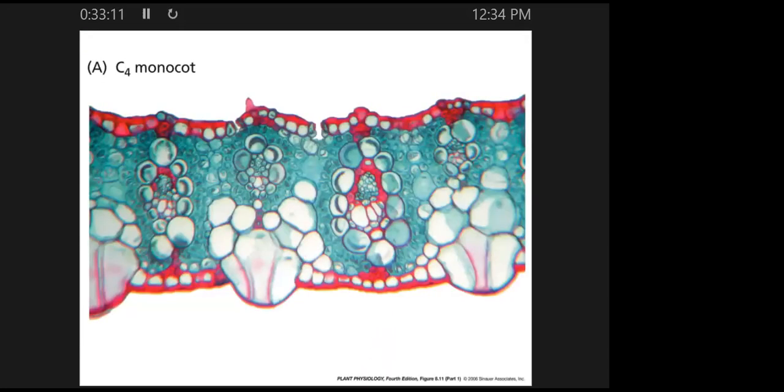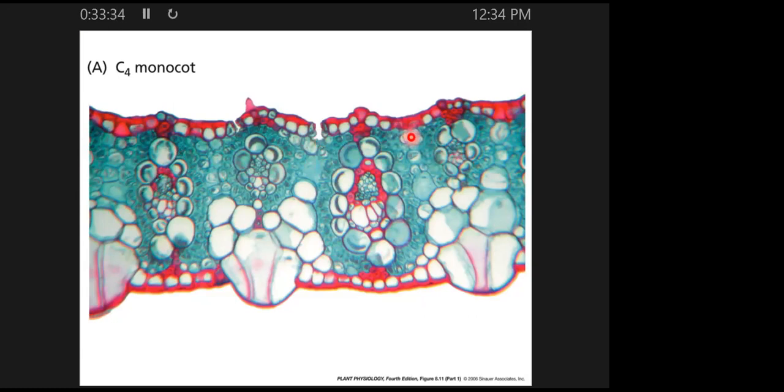Here's another image. And again, this one's really nice. You can see the really plump bundle sheath cells surrounding the veins, really obvious. And then the chloroplasts in there as well. And then you can see the parenchyma or mesophyll cells. They're just all spongy.